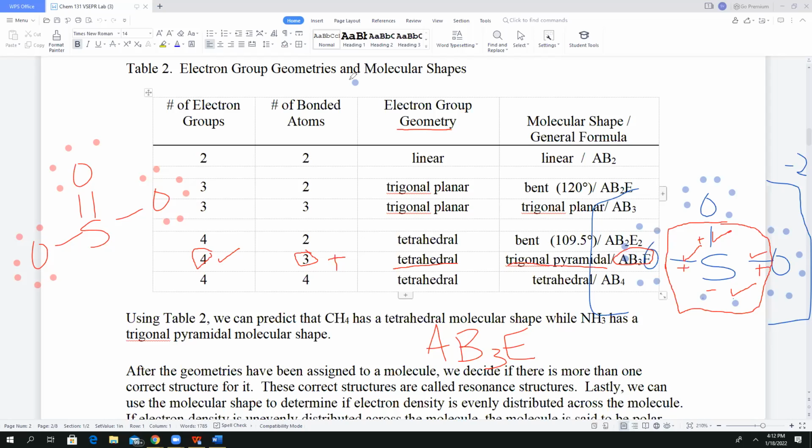Come on, it doesn't take long to type a number. Correct. 3. 1, 2, 3, right? Nothing else. So where would we put him? We know it has 3 electron groups. How many of those groups are bonds?